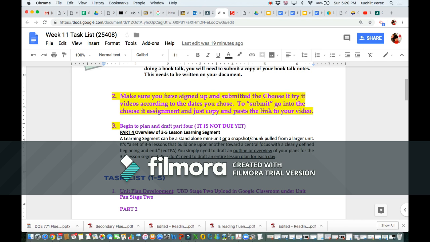And remember, later on, you're only going to zero in or hone in on one lesson that you go from beginning to end. The 3 to 5 lessons, the ones that are building one from the other, they're just snapshots of that day. So it doesn't have to be that detailed. I only want one lesson that should be very detailed.